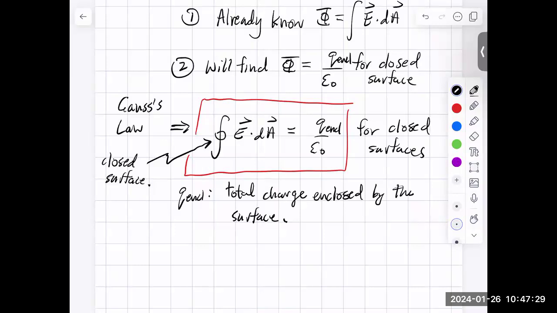We're also going to look for cases where the electric field at our surface is constant. If E is constant, then we can take it outside of the integral and we're left with just integrating dA, which is the area of the surface. Then we'll be able to solve and find what the electric field is.